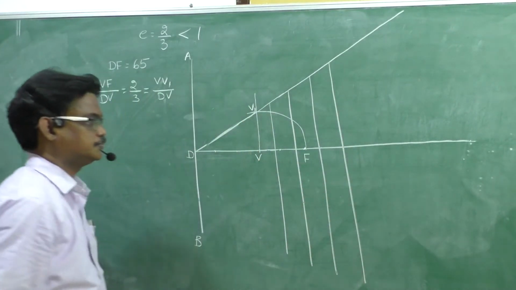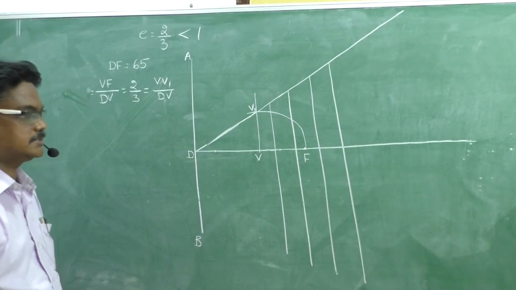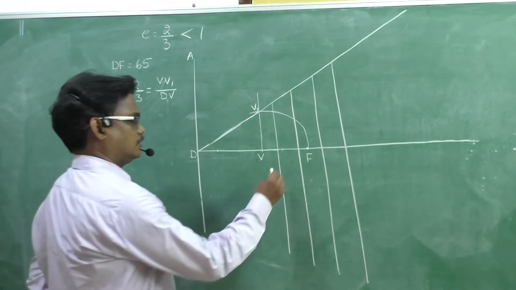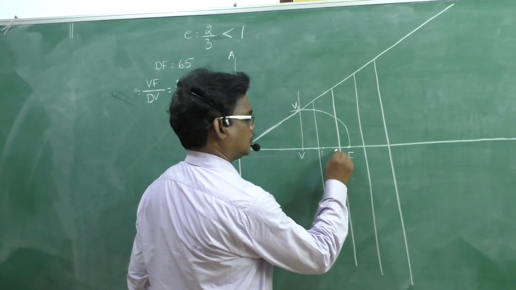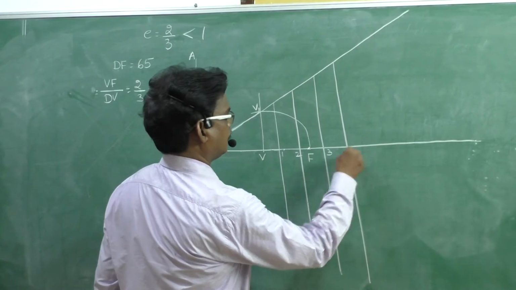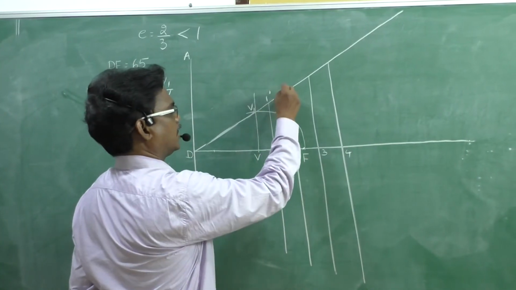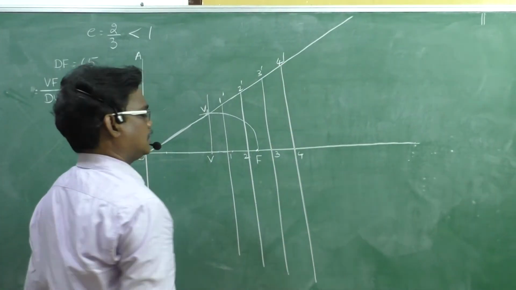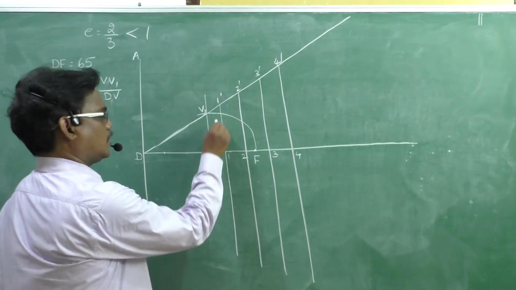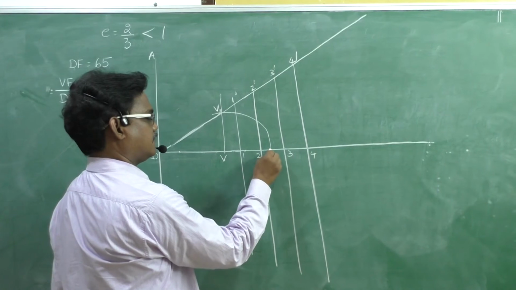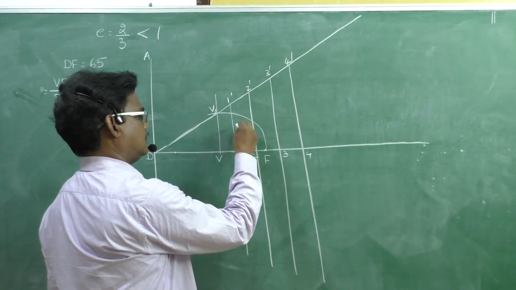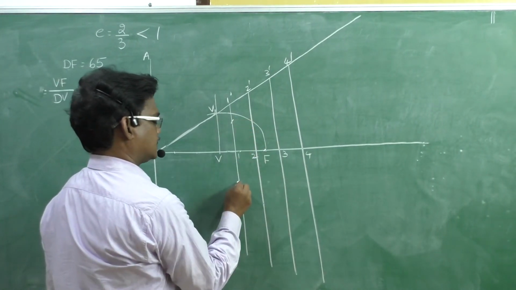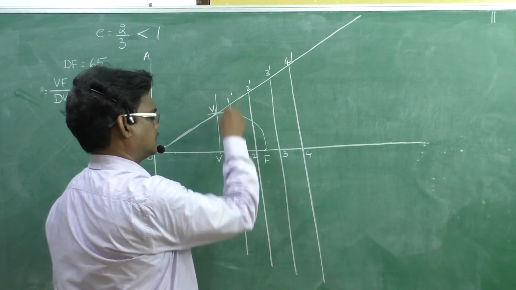Right. Now I consider like this, and I will give the numbering. This is 1, 2, 3 and 4. Perpendicular lines 1 dash, 2 dash, 3 dash and 4 dash. Now as usual, 1 dash as radius, F as center, draw arcs on either sides of the 1 dash line.